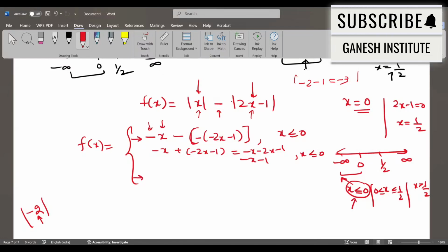Then secondly, if I say 0, 0 will give you a positive value here. So not exactly 0, but you are taking 0. This will not have an equal sign because the equal sign is considered here.